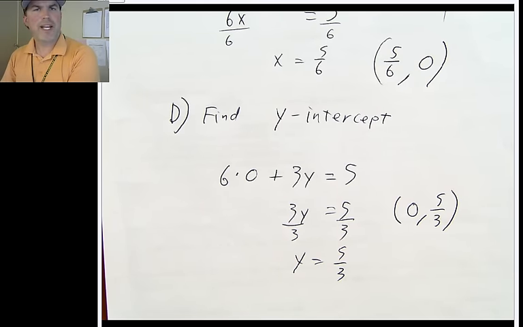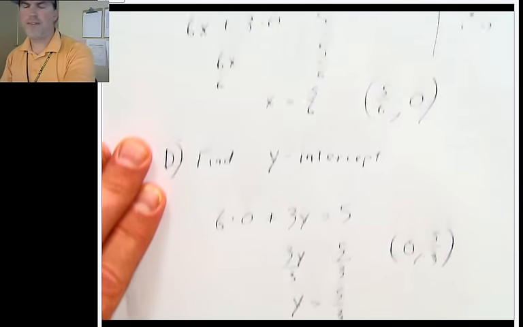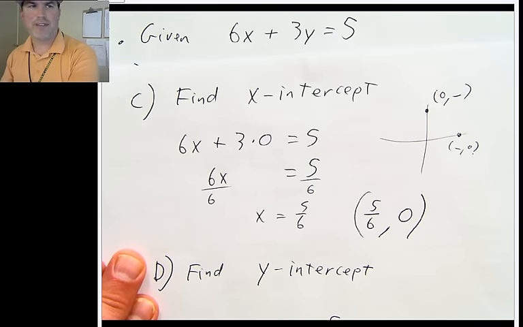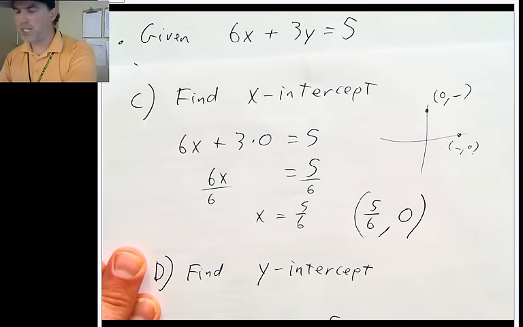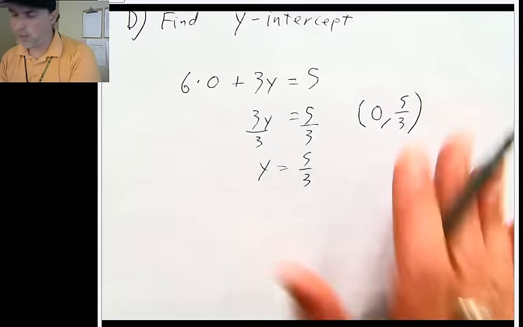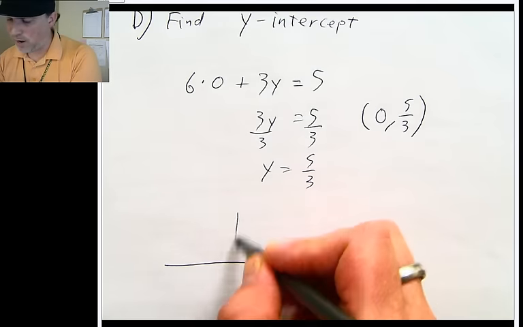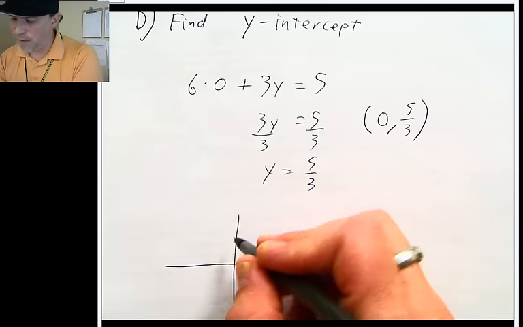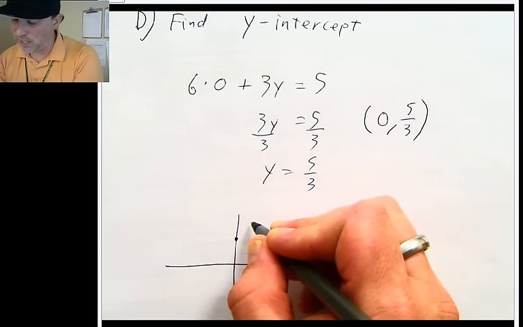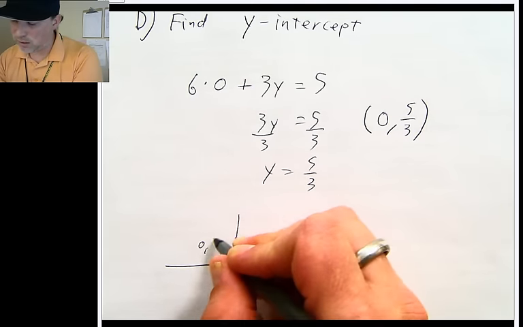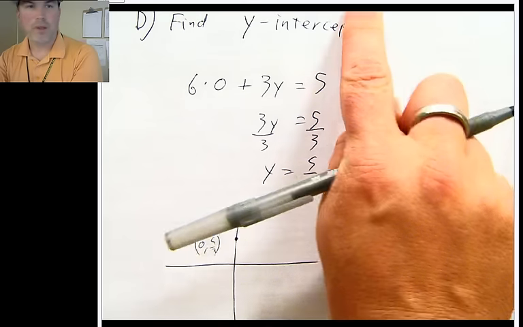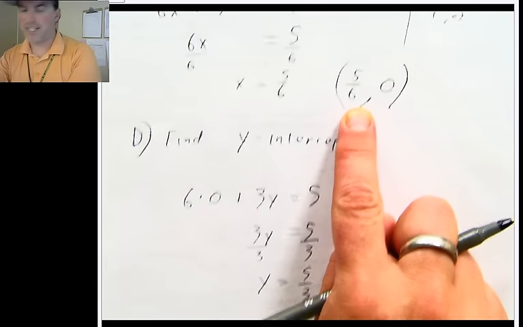What's nice about finding x-intercepts and y-intercepts of a graph or of an equation is that if you had to do a quick graph, knowing exactly what the x-intercepts and y-intercepts are allows you to quickly draw that graph. 0, 5/3, you could label it as being 0, 5/3. 5 over 6, 0.